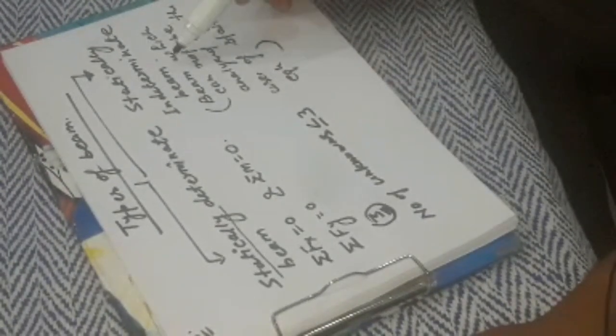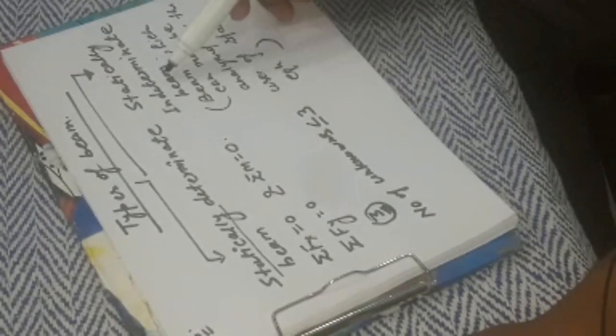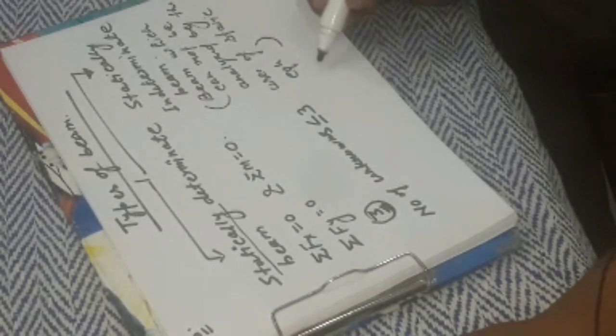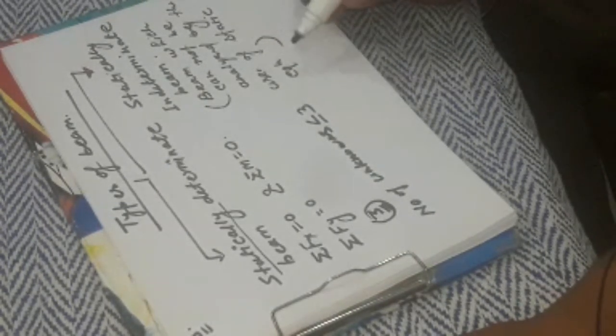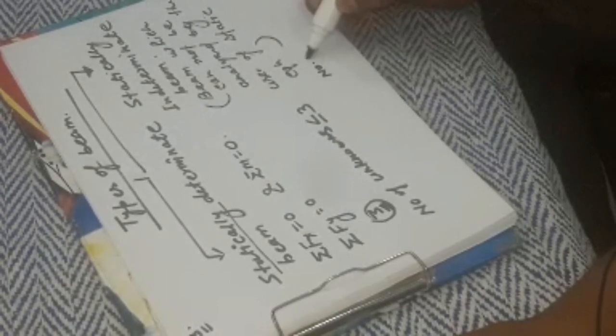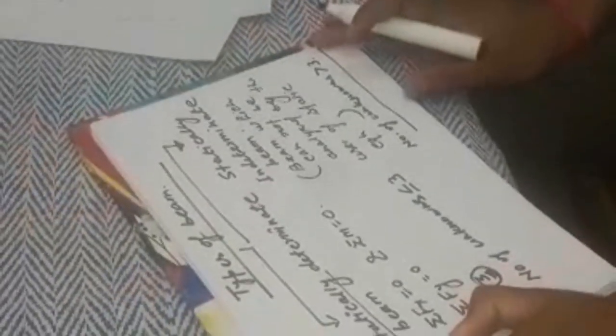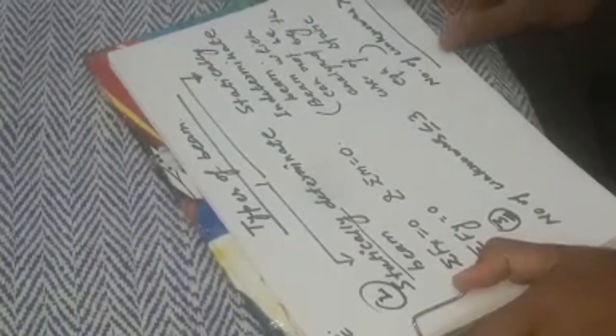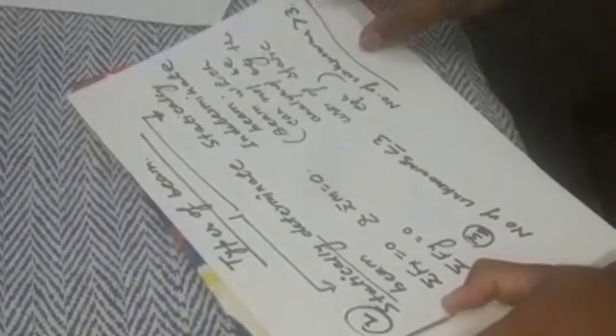In case of a statically indeterminate beam, which cannot be analyzed by the static equations, the number of unknowns will be greater than 3, right? So let's discuss first the statically determinate beam.